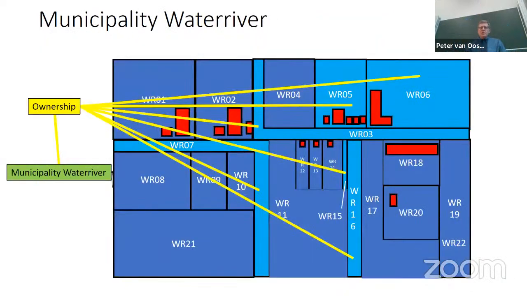Okay, here we see that the municipality owns a lot of properties: the roads, the schools, the office, the facilities, and also the park is owned by the municipality.